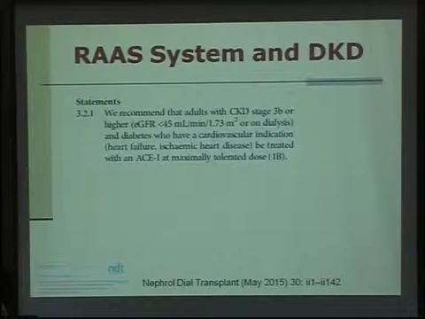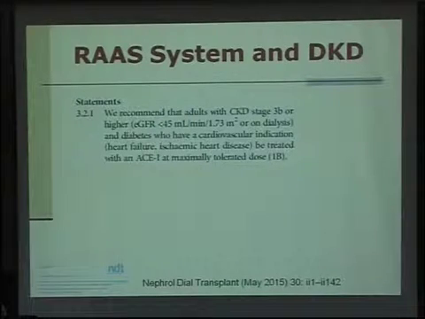ACE inhibitor. Yes. According to the type of diabetes, if type 2 it is better to use an RAAS. If type 1... I want to hear from you just one word. ARBs or ACE inhibitors? Don't say according. ACE or ARBs? RAAS is the best. You say ARBs and you say ACE inhibitor.